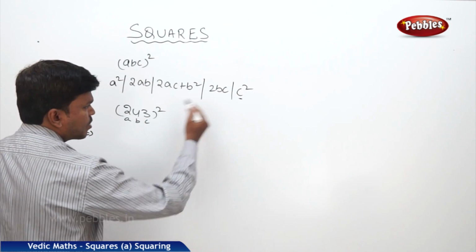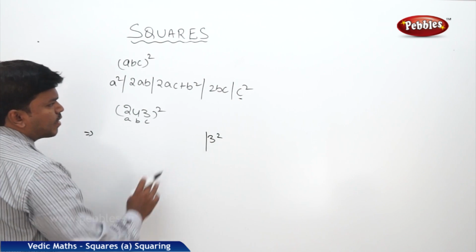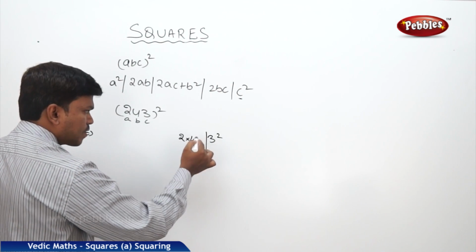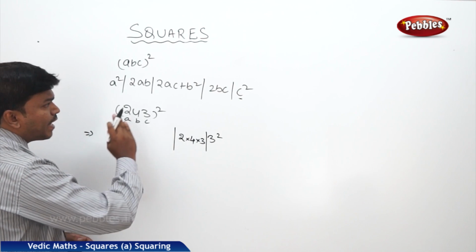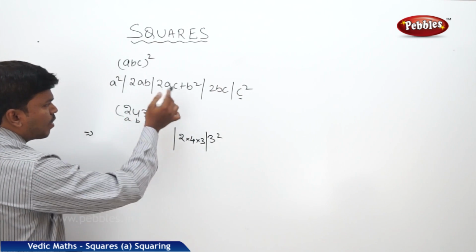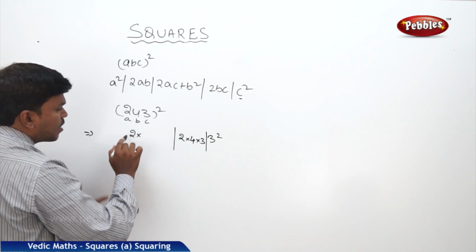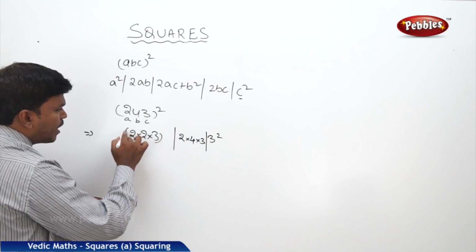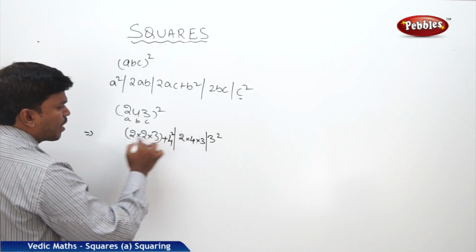C means 3, so C square means 3 square. 2BC, that means 2 into, what is the B value? 4. C value 3. 2BC. Then 2AC plus B square. What is 2AC? 2 into A means 2 only, C means 3. So 2AC plus B square, that is 4 square.